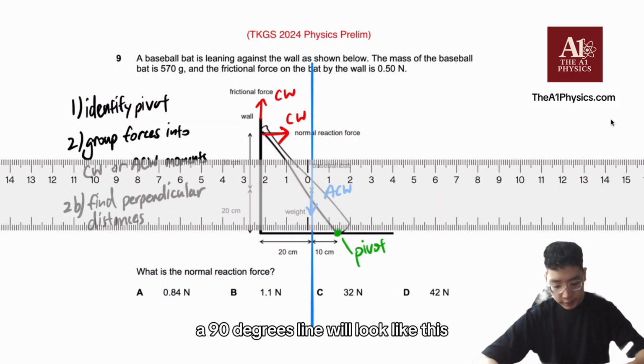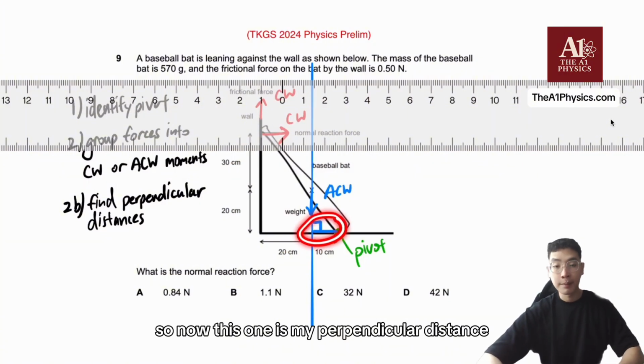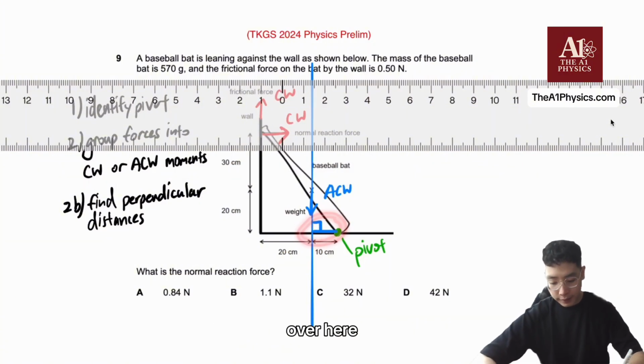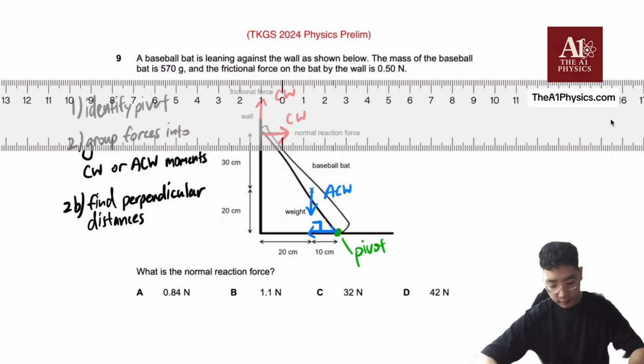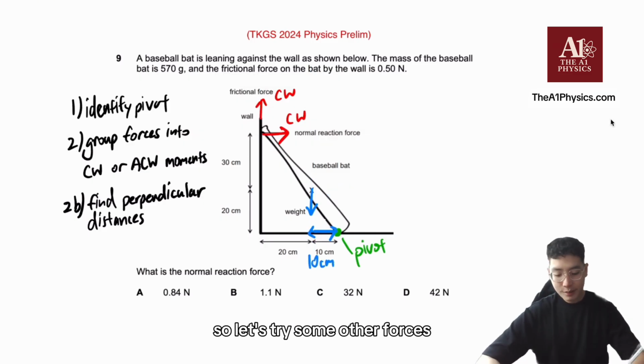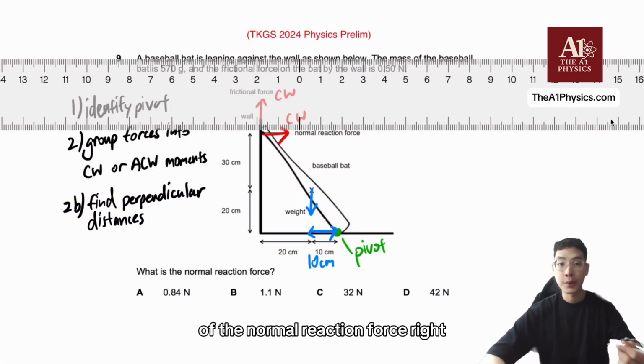So over here, a 90 degrees line will look like this. This one is 90 degrees. So now this one is my perpendicular distance. Over here, the perpendicular distance of the weight from the pivot is 10 cm. So let's try some other forces. Let's find the perpendicular distance of the normal reaction force.